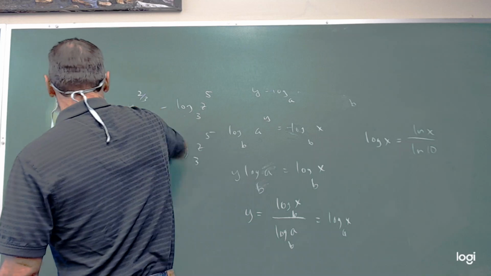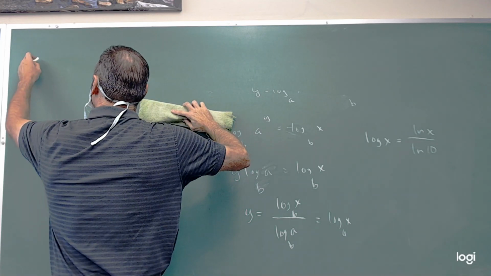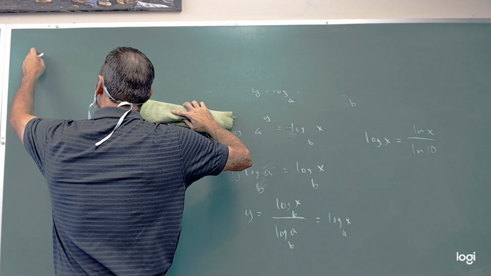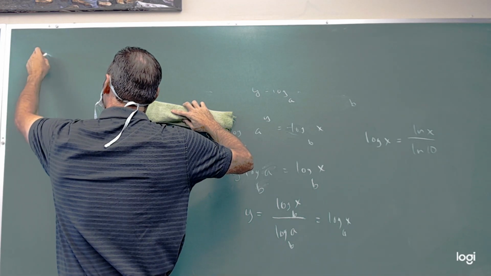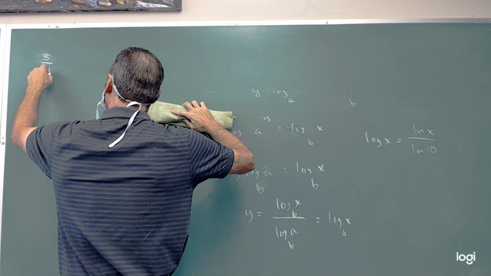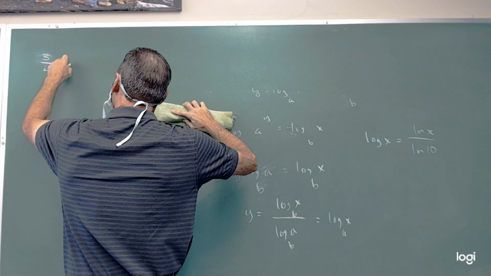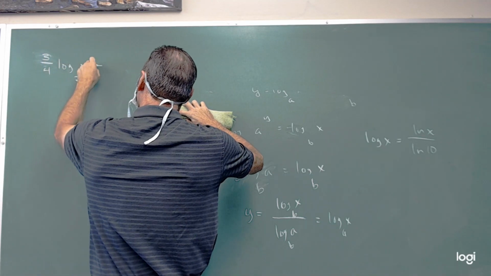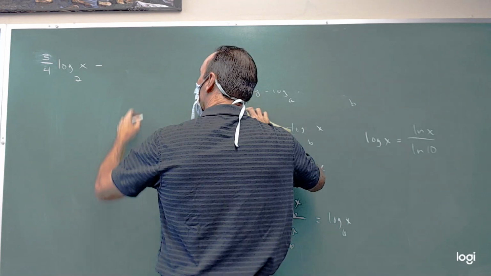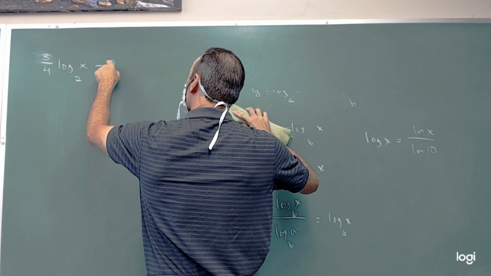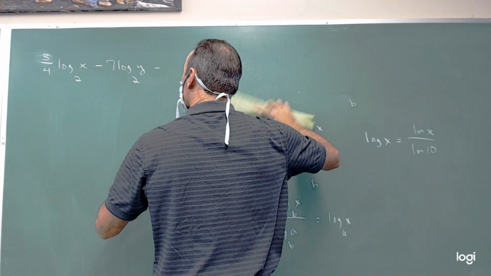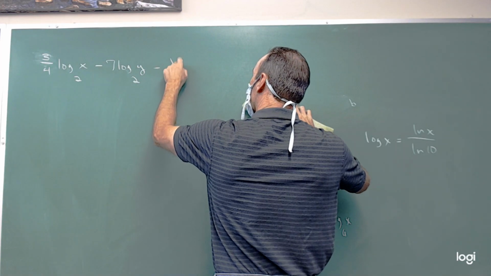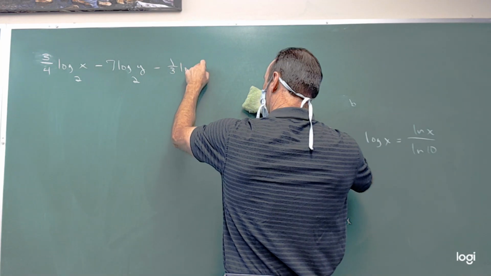Let's do, we'll say, 3/4 logarithm base 2 of x minus 7 logarithm base 2 of y minus 1/3 logarithm base 2 of z.